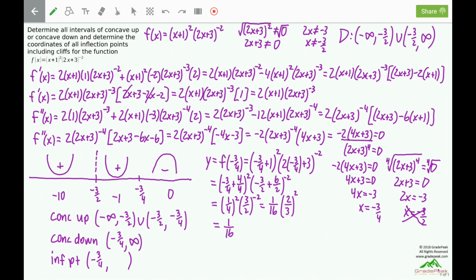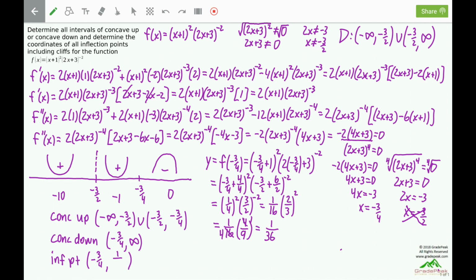This is 1/16 times, we can now square the 2, that's a 4, square the 3, that's a 9. The 4 and 16 can reduce with each other. So we have a 1 over 4 times a 1 over 9. Multiplying the numerators, 1 times 1 is 1, and denominators, 4 times 9 is 36.